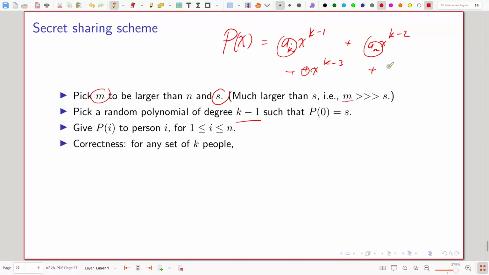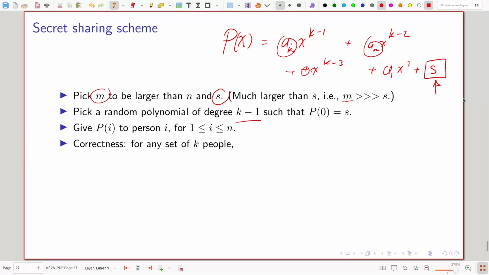And finally, a_1 x + S. So S is the last term, with degree 0. That's why when you plug in 0, you get S.